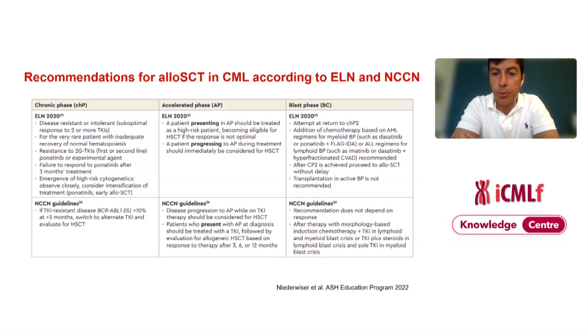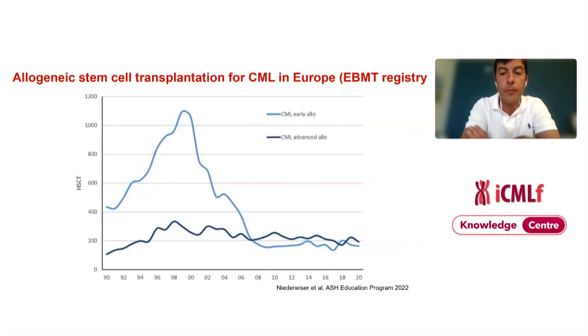If we have a patient progressing to accelerated phase, we should consider allogeneic bone marrow transplantation. And if we have a patient in blast phase, we should transplant our patient. So almost all international guideline recommendations find an agreement on this indication to allogeneic bone marrow transplantation.